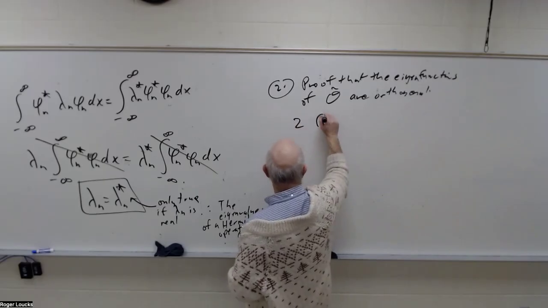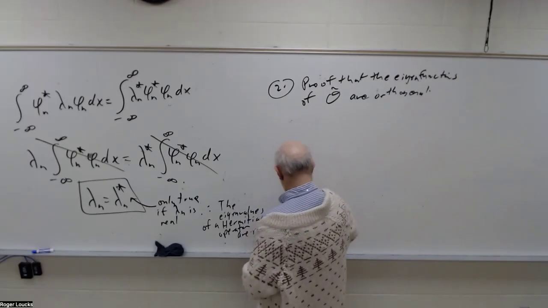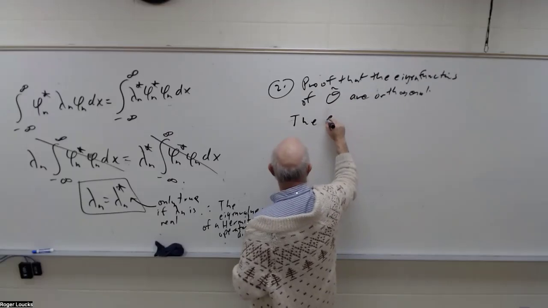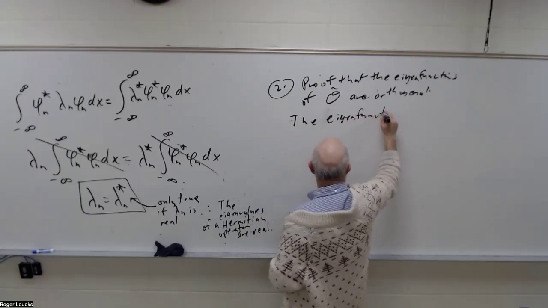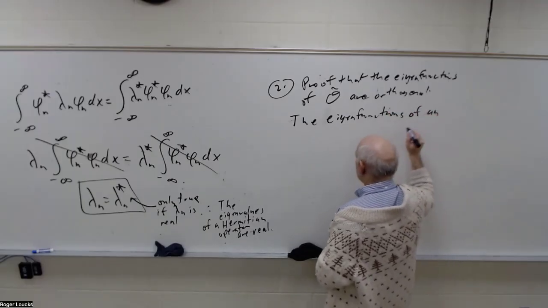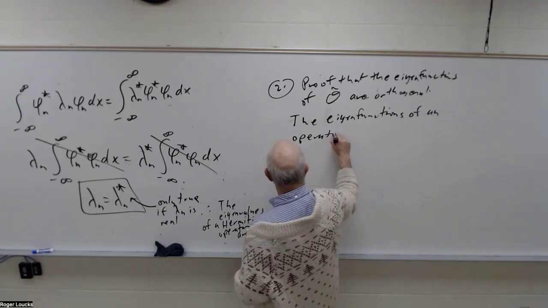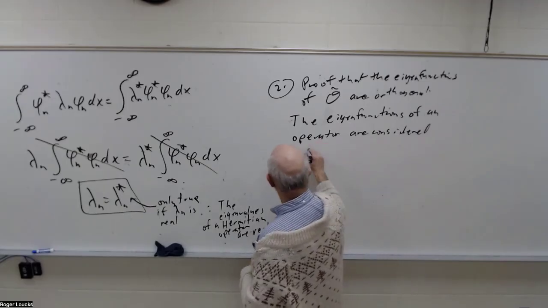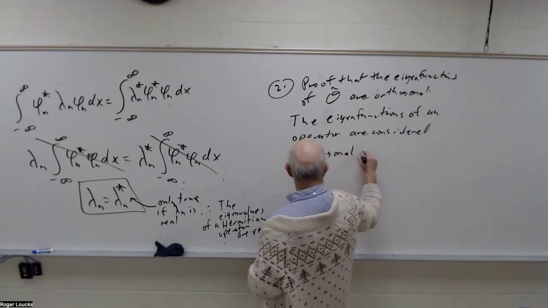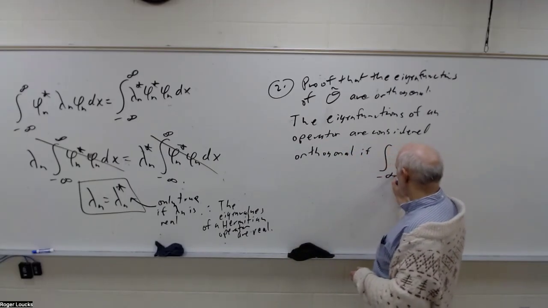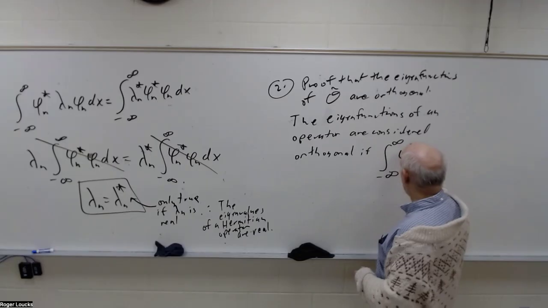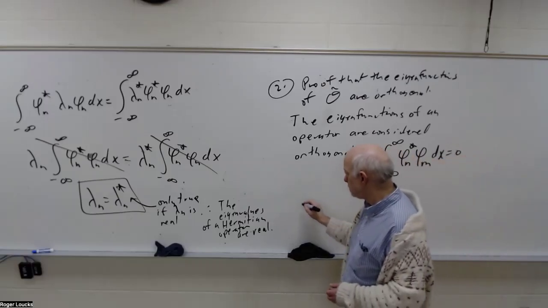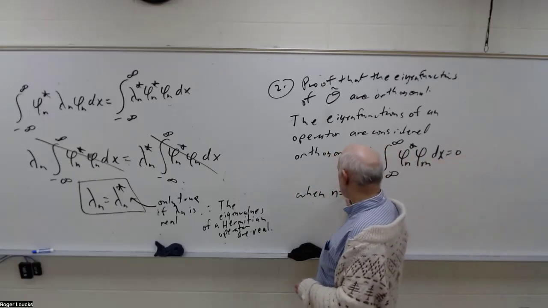Okay. The eigenfunctions of an operator are considered orthogonal if the integral over all space of phi n star phi m dx equals 0 when n does not equal m.